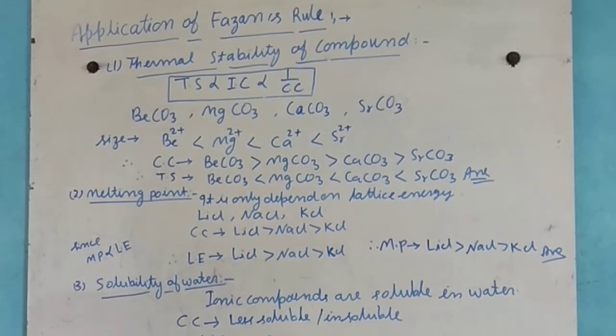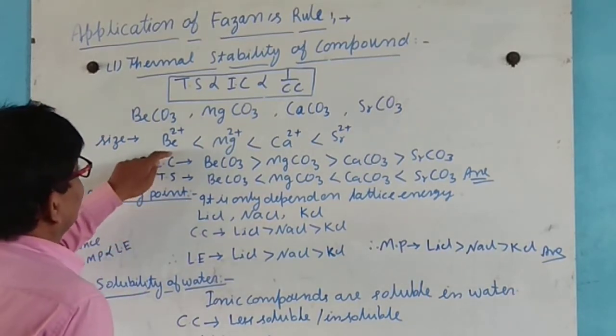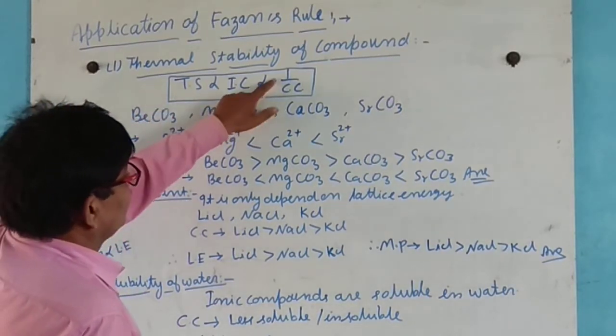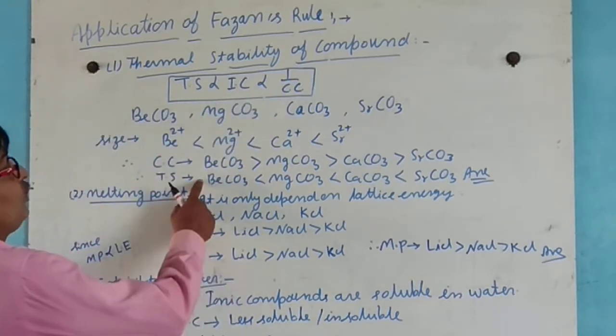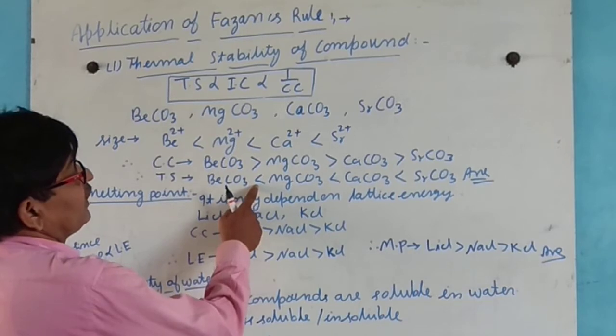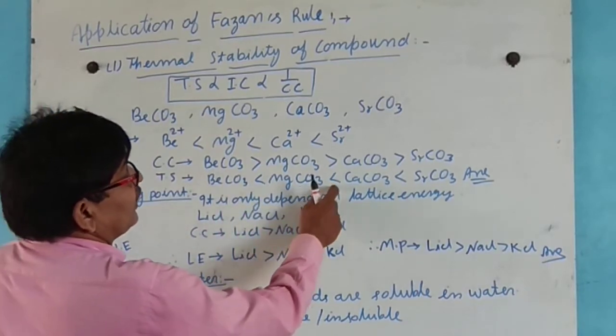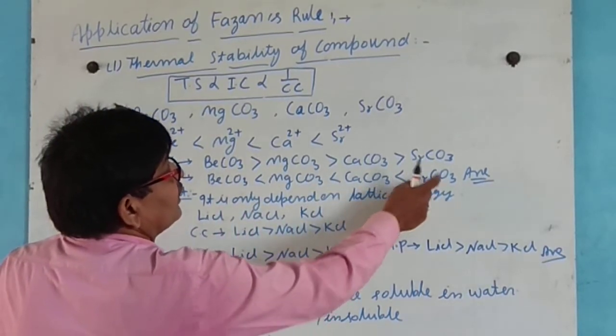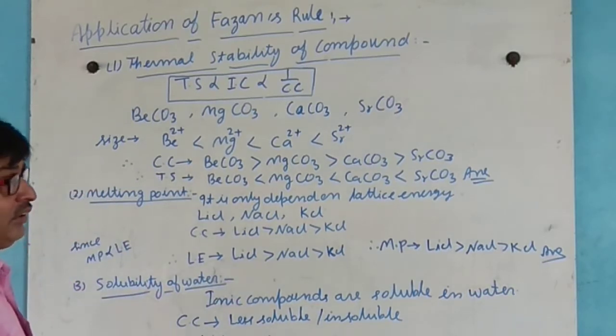Covalent character and thermal stability are reciprocal to each other, so the thermal stability of beryllium carbonate is less than magnesium carbonate, less than calcium carbonate, less than strontium carbonate. This is our actual result.